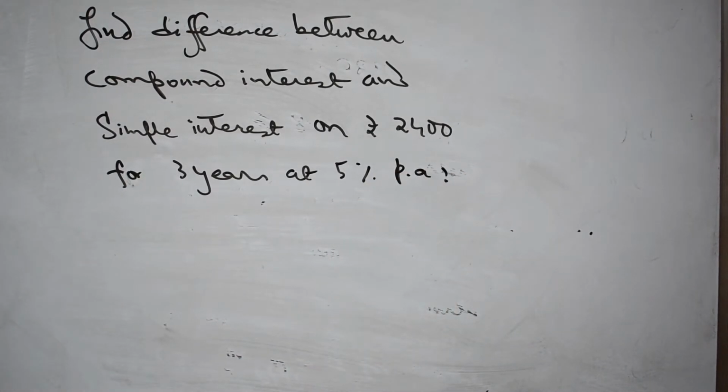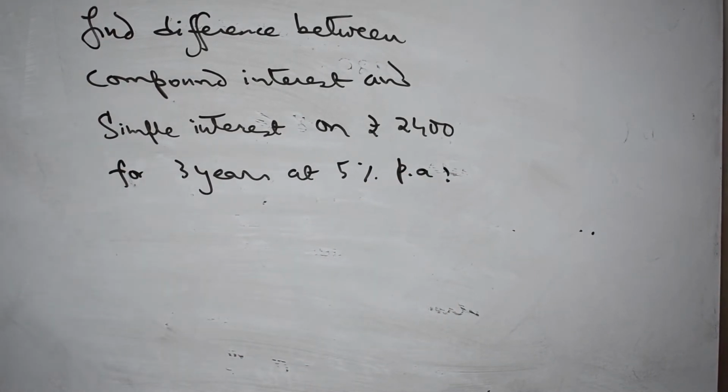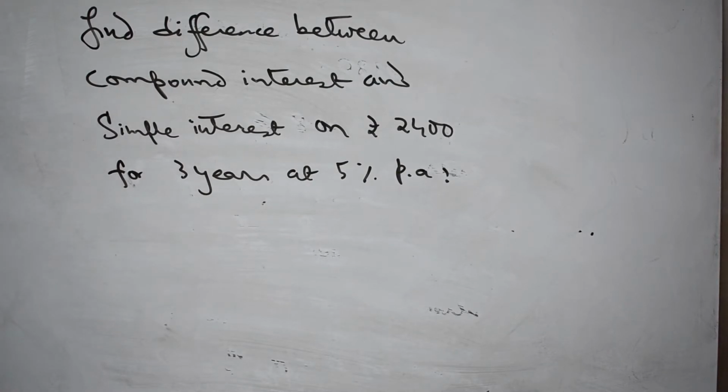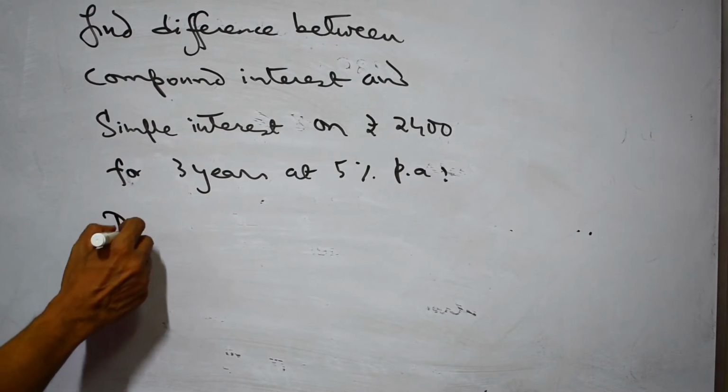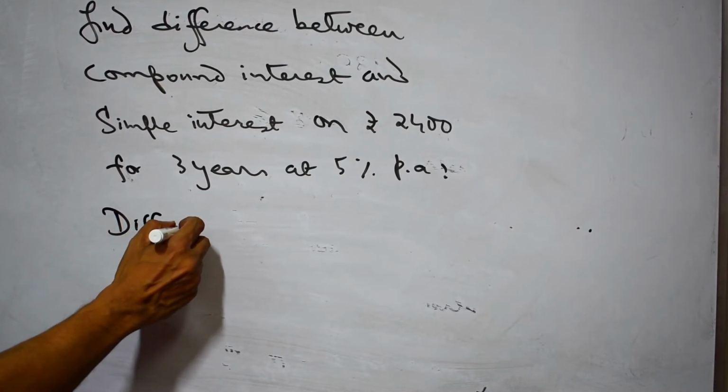Now what we can do is find the simple interest, find the compound interest, then subtract, but we can calculate the difference directly.